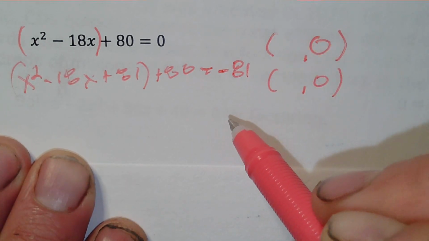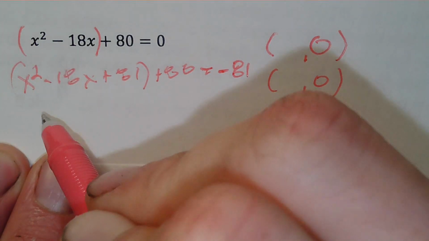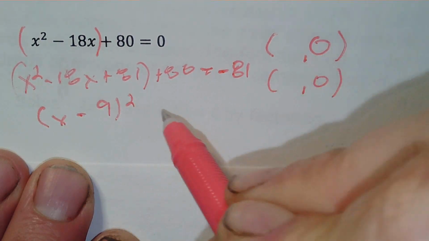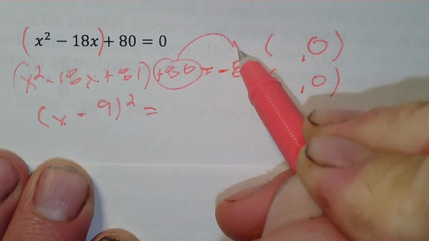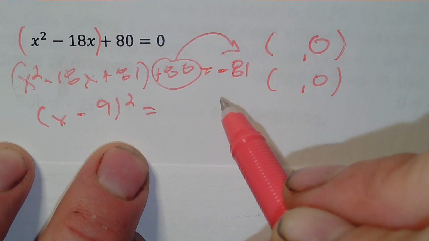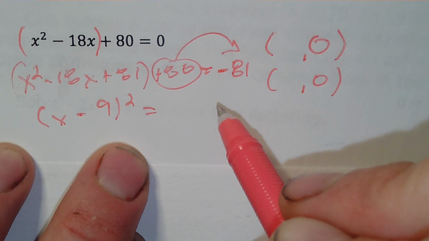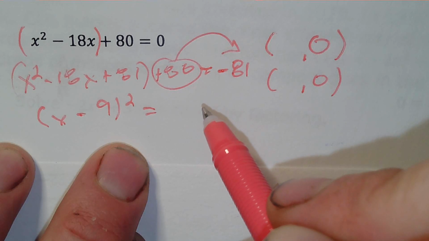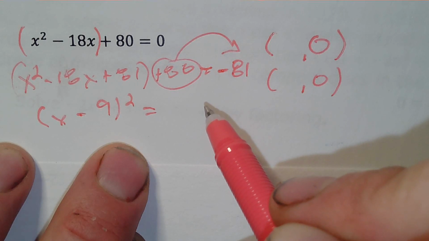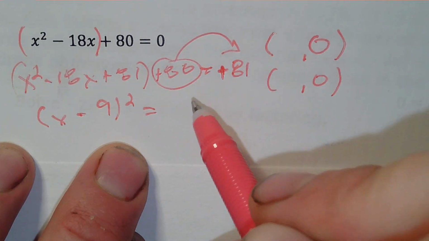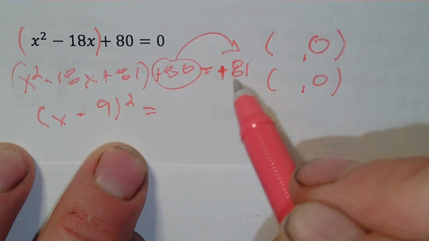Now we'll complete the square, and we'll say that x minus 9 squared equals, bringing this over here, 81 minus 80. Whoops, I have to add it to that side. I added 81 to this side, so I have to add it to that side.